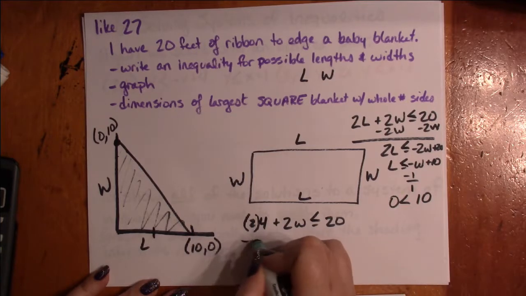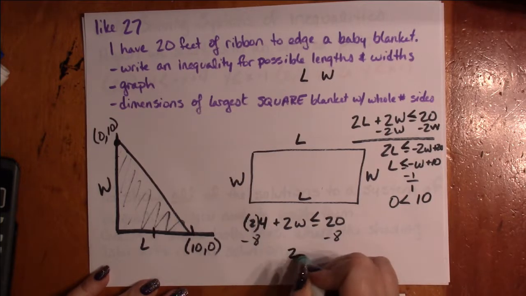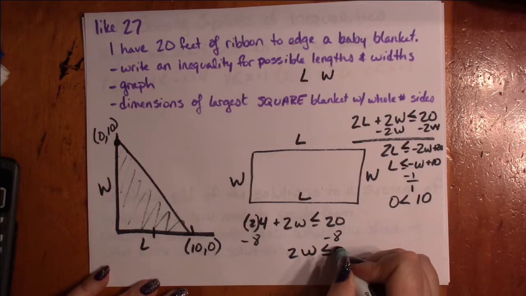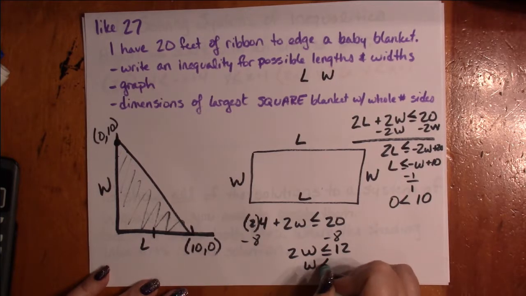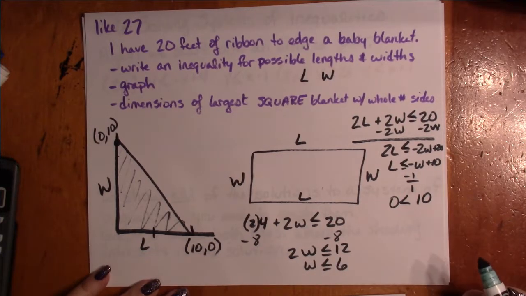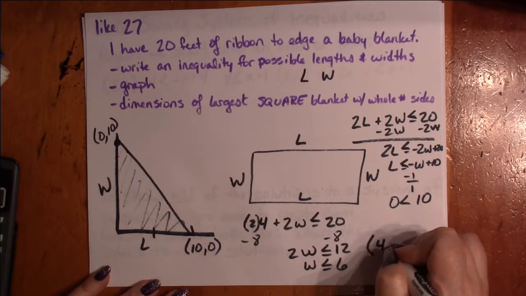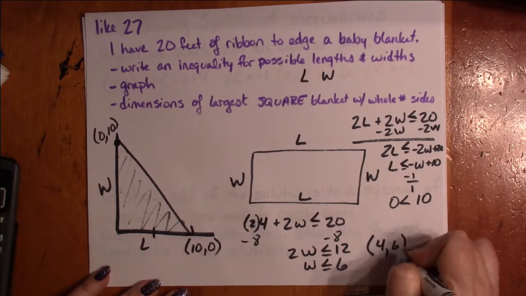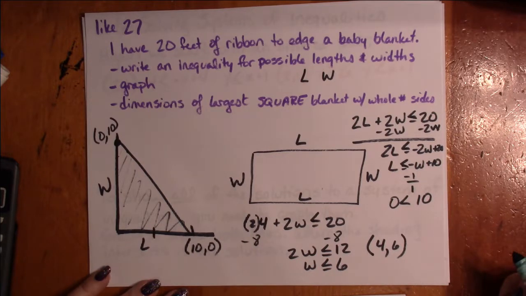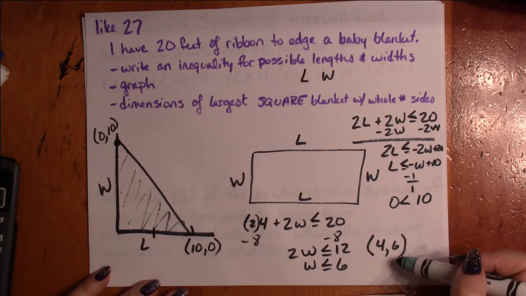So we're going to subtract 8 from both sides, and 2W is 12, so W is 6. So one possible answer is 4, 6. You're going to give 3 different answers like this, okay?